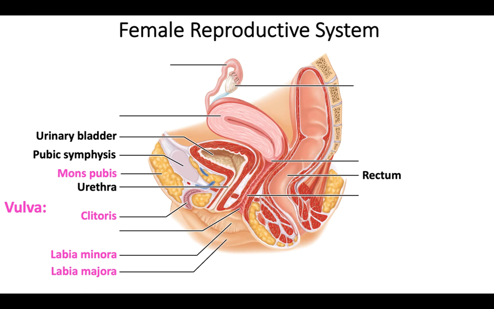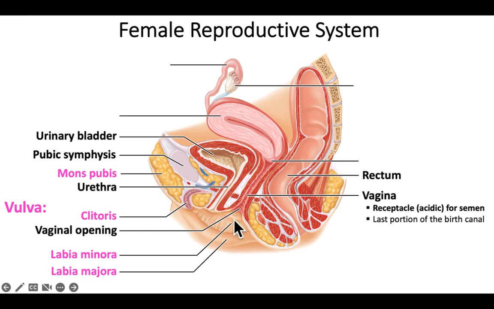The internal genitalia include the vagina. So here's the vaginal opening, and this is the vaginal canal or vagina. And the vagina serves as a receptacle for semen, as well as serving as the last portion of the birth canal during normal childbirth.